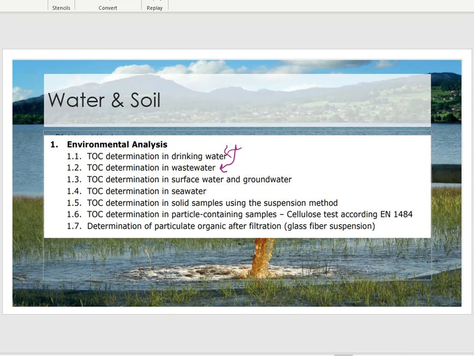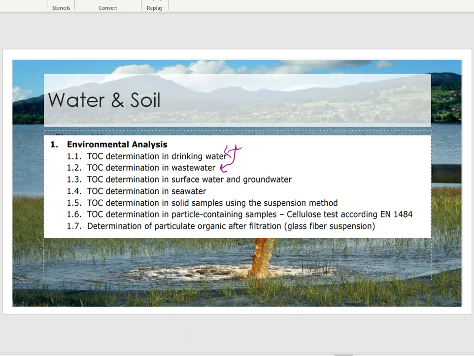So they basically suck their water up from the river, they process it, and then they send it back into the river after they get it finished. Well, they are pulling water from the river. They'll figure out how clean it is, and they'll make it cleaner. And then they'll dump stuff back into the river, and they want to make sure that what they're dumping is also fairly clean. So they will also test their wastewater samples on a TOC analyzer to ensure that they're not in violation of anything at all.